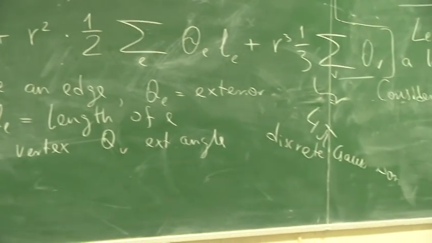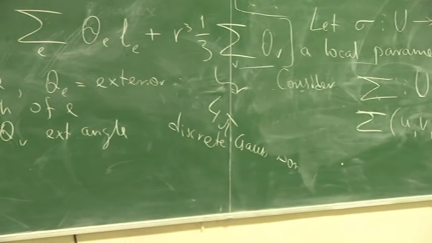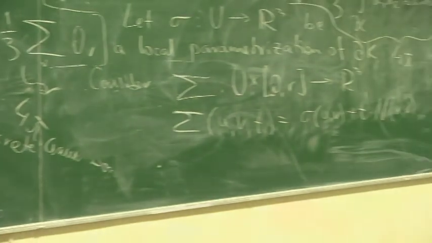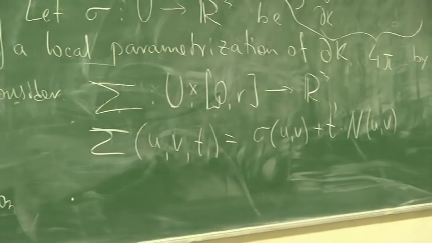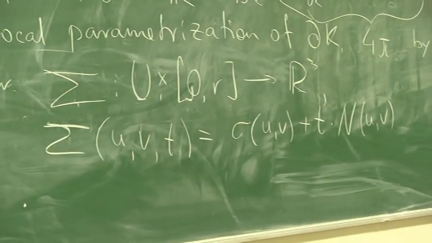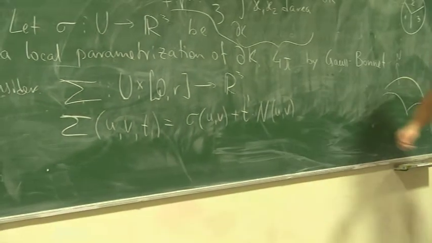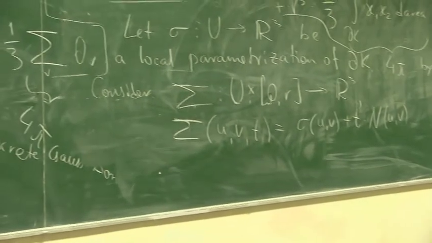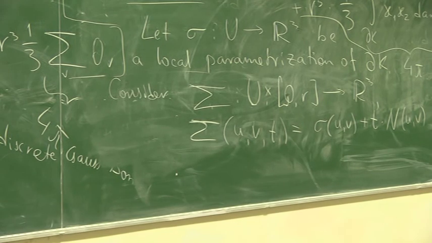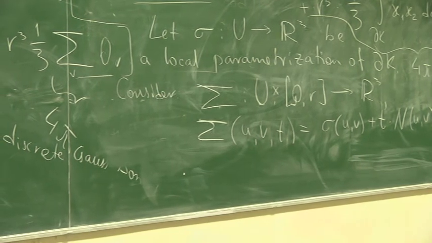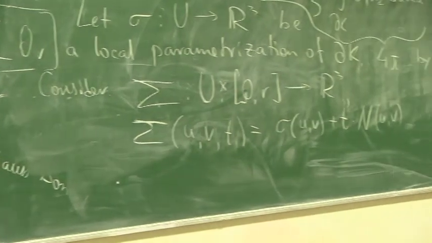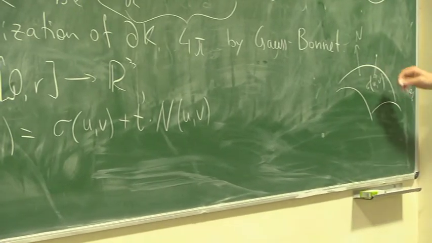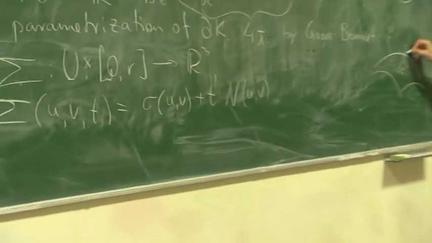So it is parameterized just by, for every point here, I go down to the surface, look at what point I am, sigma of u, v, and then this distance is t.